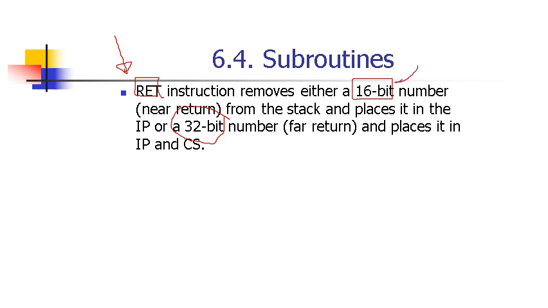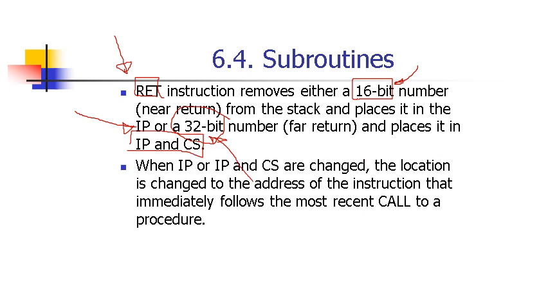The 16 bits of the near procedure are used to replace the value inside your IP, while your 32 bits are used to change both values inside your IP and CS registers. Because you have now come back to your main program by modifying IP, again if you're coming from a near procedure, or IP and CS if you're coming from a far procedure.